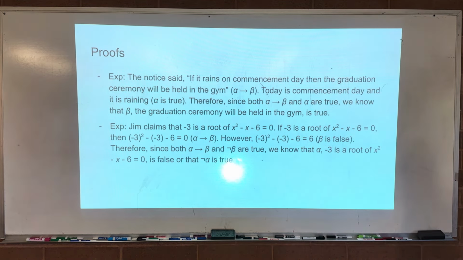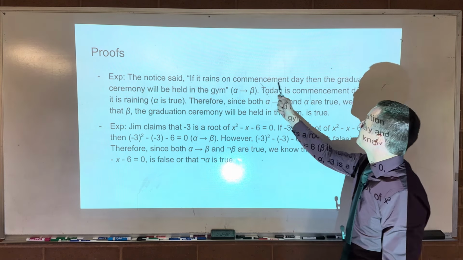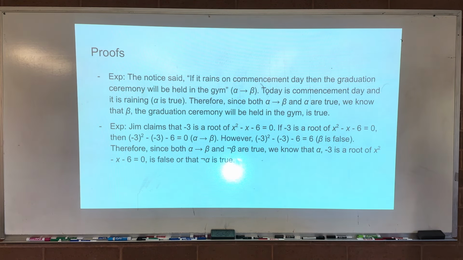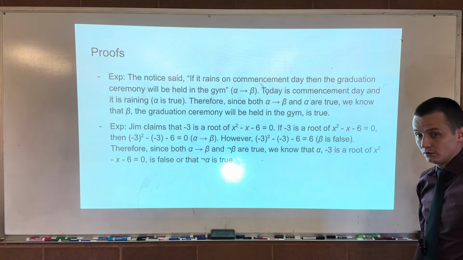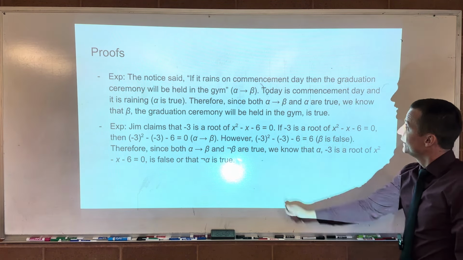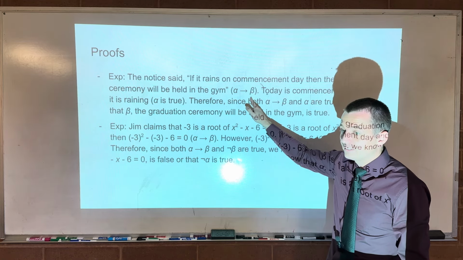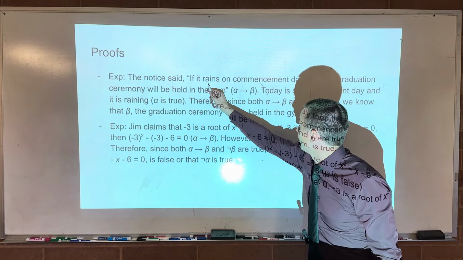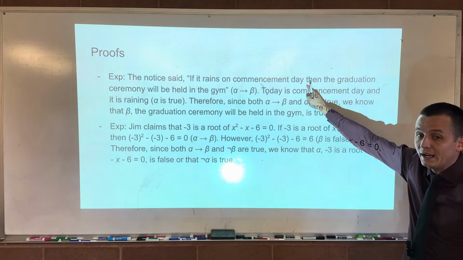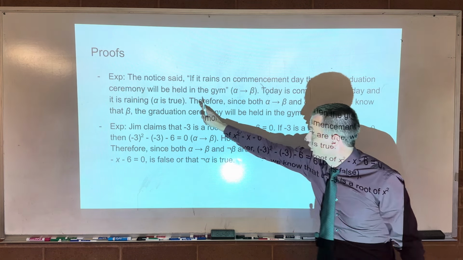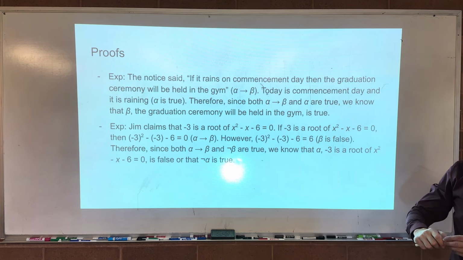Example. The notice said, if it rains on commencement day, then the graduation ceremony will be held in the gym. If A, then B. That says if alpha, then beta. What's alpha? It rains on commencement day. Beta is the graduation ceremony will be held in the gym.